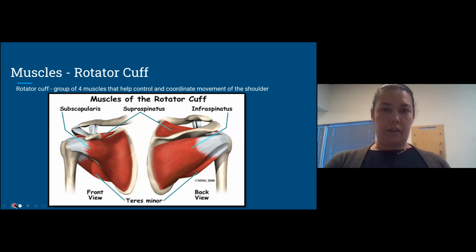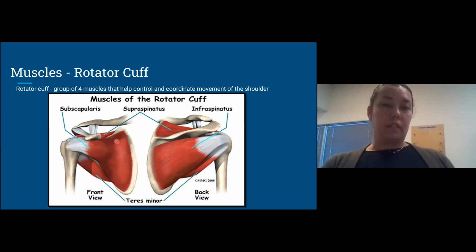The picture here is a front view and a back view of the rotator cuff. And you can see in the picture how the rotator cuff muscles originate from the scapula and then insert or attach onto the humerus. So there's your back view, and there is your front view.